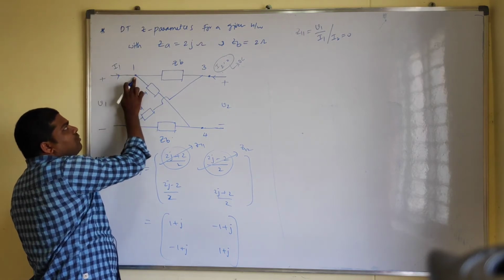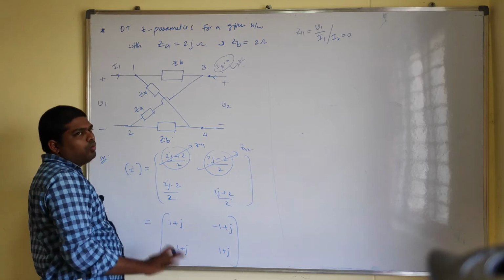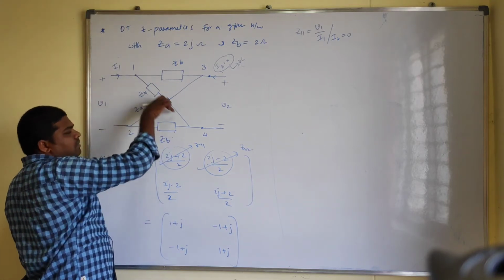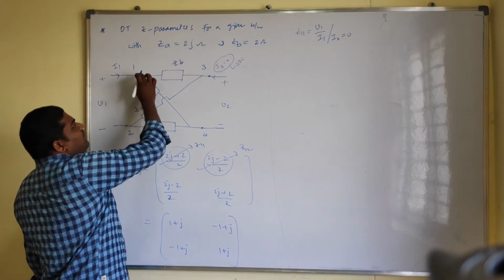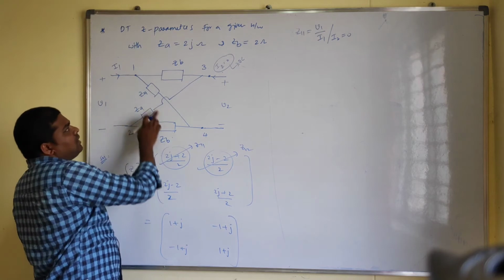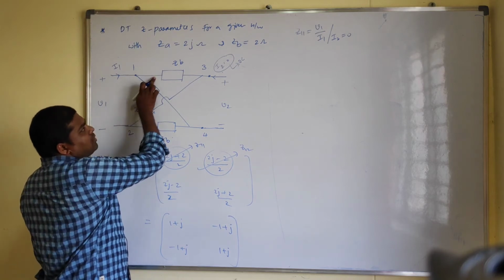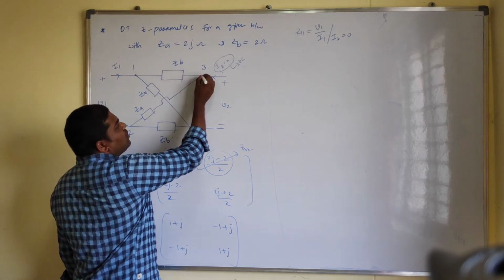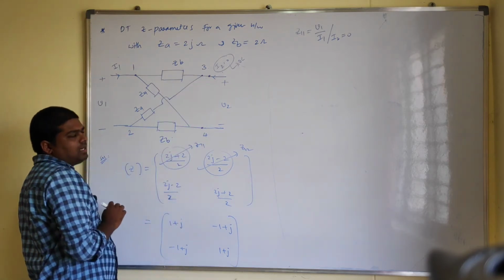From this point onwards, current can be divided into two parts, one this way, another this way. A certain amount can pass through this ZB resistance, once the current is reaching towards this third terminal.